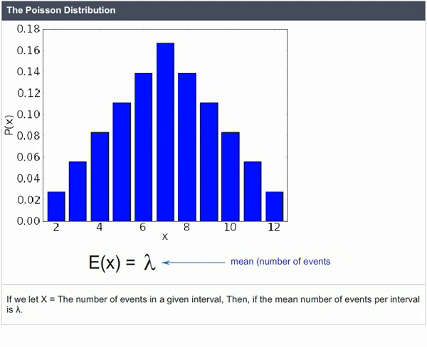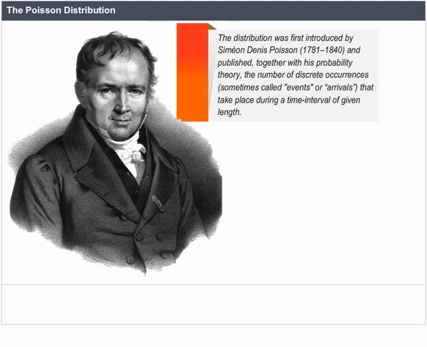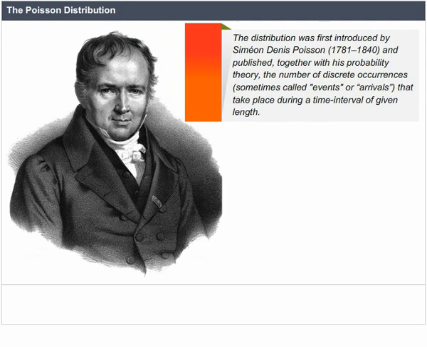The distribution was first introduced by Siméon Denis Poisson, 1781 to 1840, and published together with his probability theory. It describes the number of discrete occurrences, sometimes called events or arrivals, that take place during a time interval of given length.